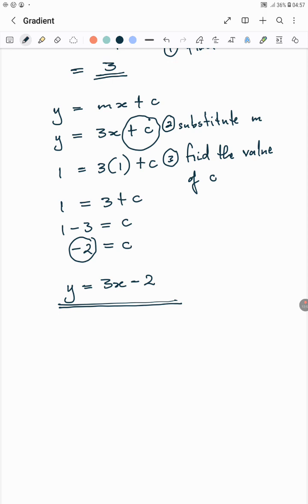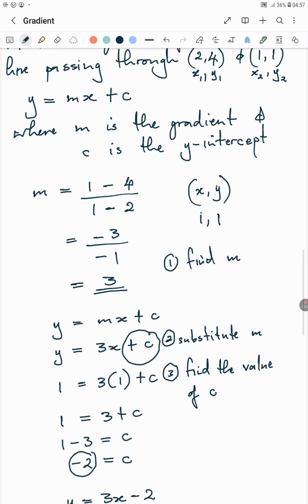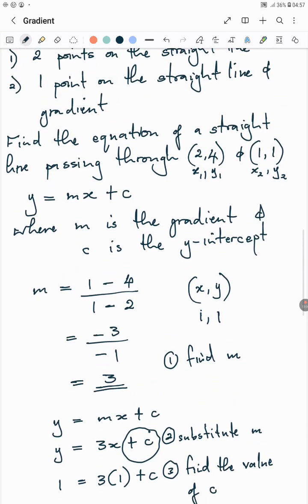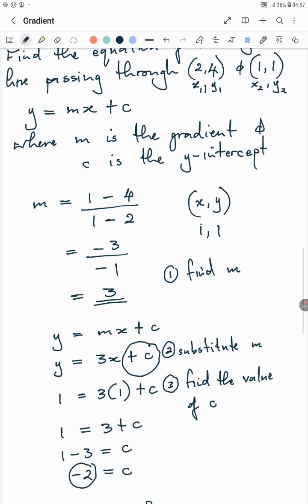So this is one way of answering a question to find the equation of the straight line passing through 2 points.